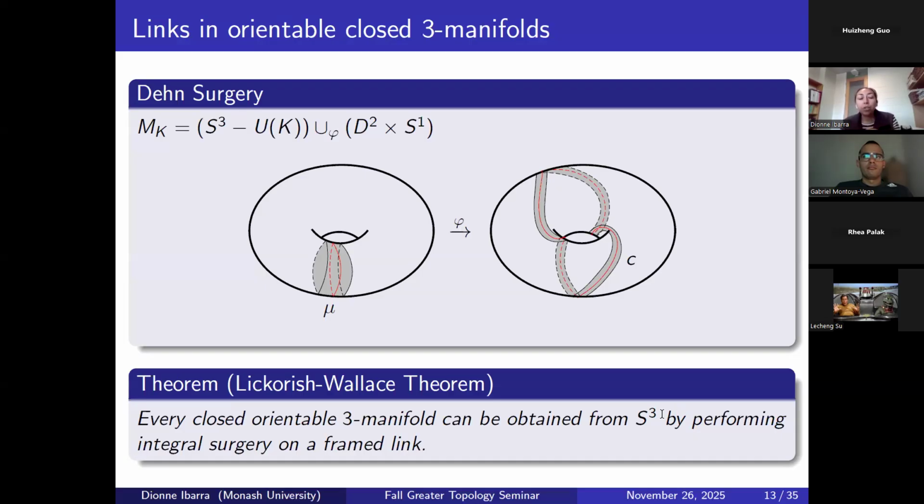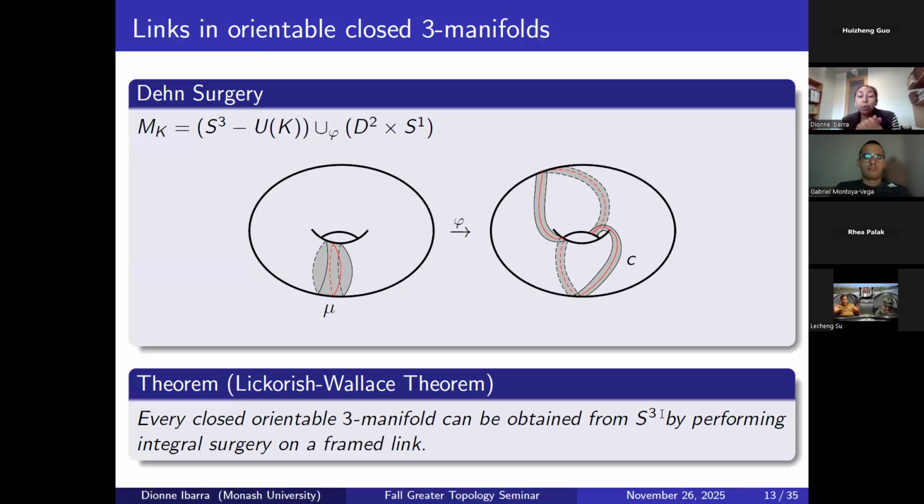Dehn surgery is the process of removing a tubular neighborhood of a knot. Let's start with a knot. You remove a tubular neighborhood of the knot. In that case, you have two pieces: the knot complement and a solid torus. Then you glue the solid torus back into the knot complement by gluing the two boundaries together.